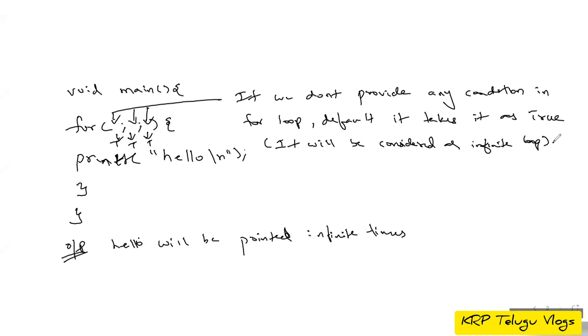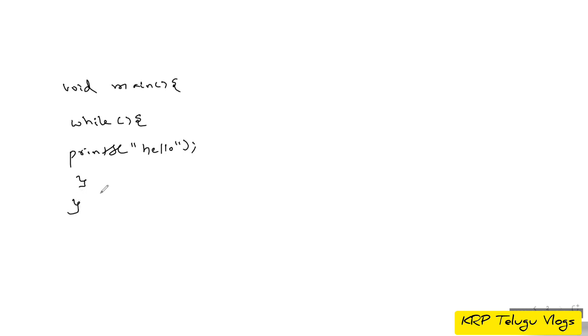Done? Okay. So now what happens if I do the same thing with a while loop? While, I will not give anything, then printf. So what will happen?